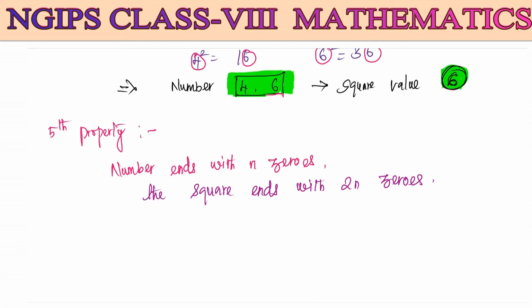This is very important: when a number ends with n zeros, the square of that number is going to end with 2n zeros. Here I can give the example.